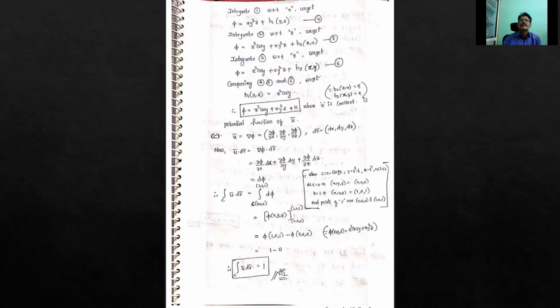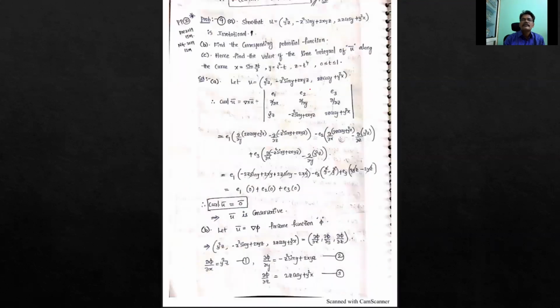And integrate the third with respect to z.